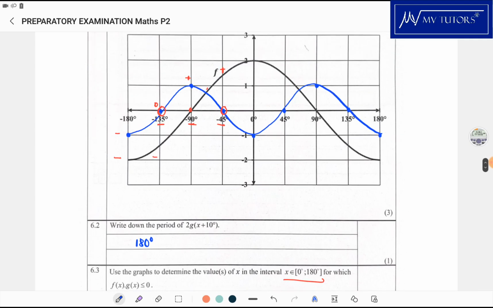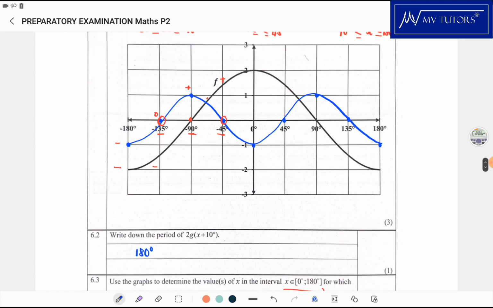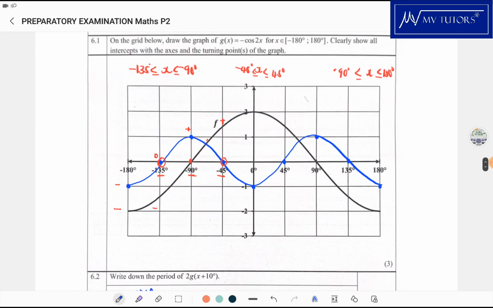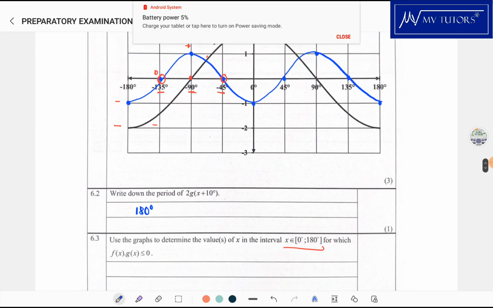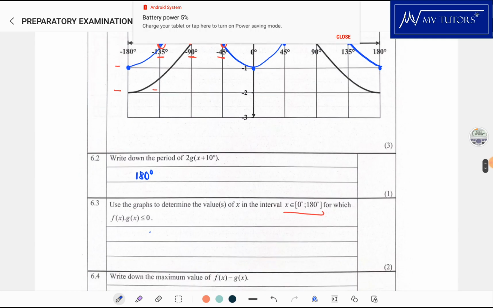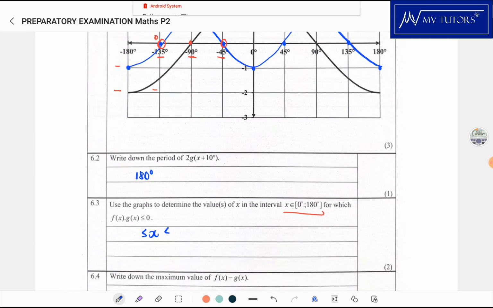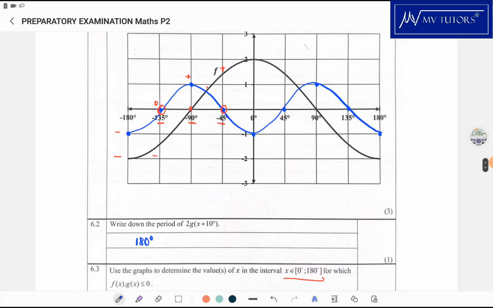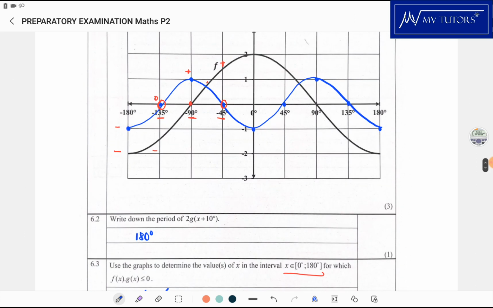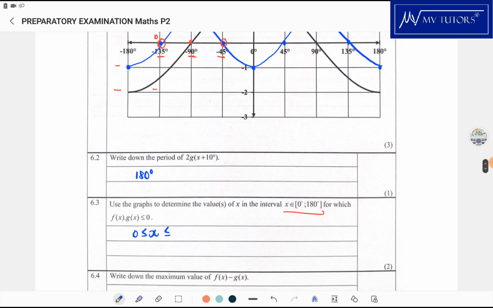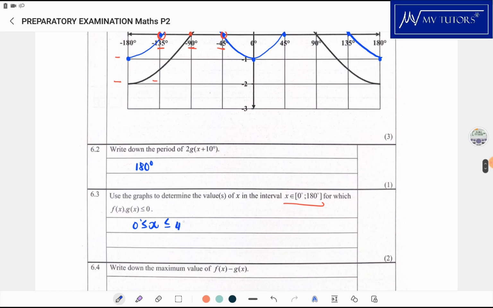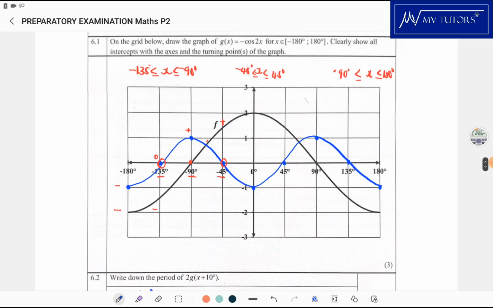And now from 0 to 180, we can say x is from 0 up until 45 degrees. Okay, and then what else do we have again? We have from 90.